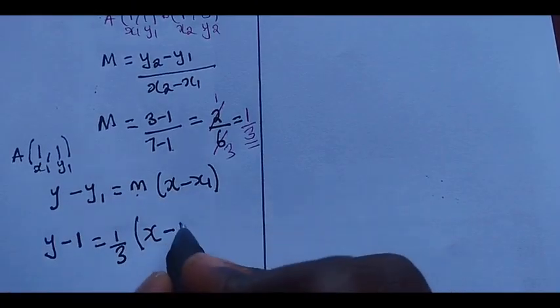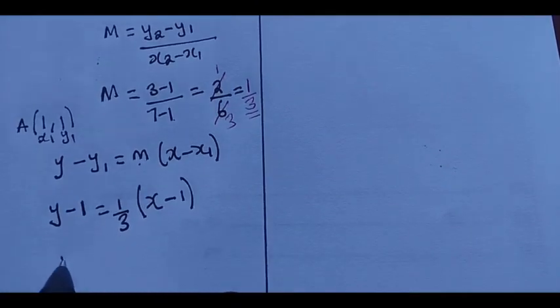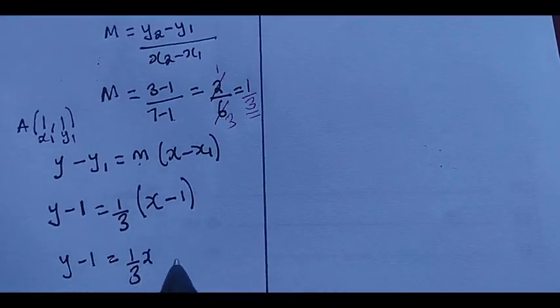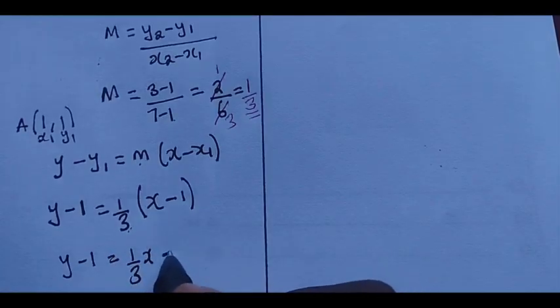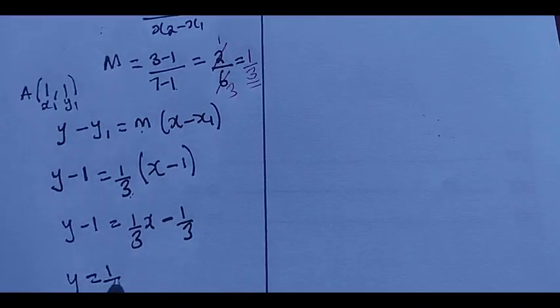So it's y minus 1 equal to 1 over 3 times x. So we're going to have 1 over 3 x. Then 1 over 3 times a negative 1 gives a negative 1 over 3. From here, we say y equal to 1 over 3x minus 1 over 3.